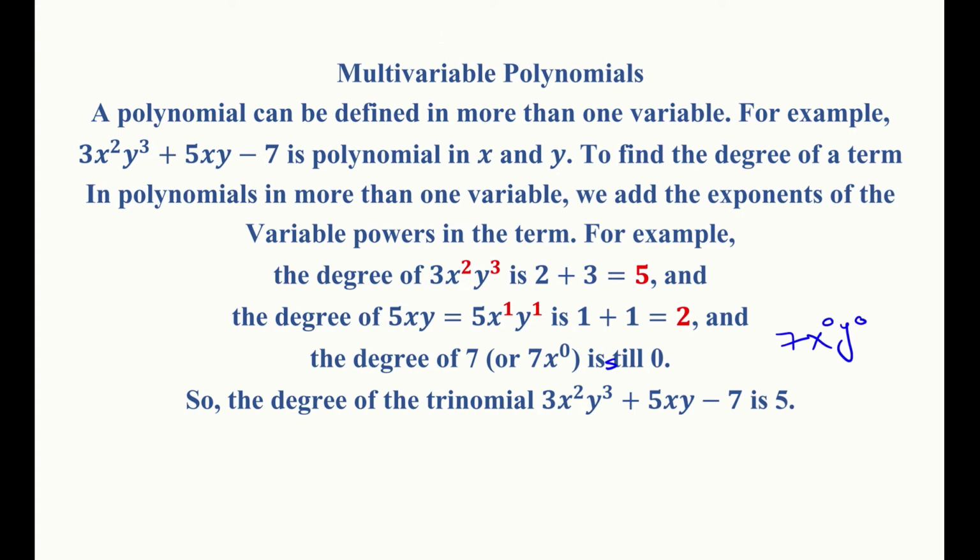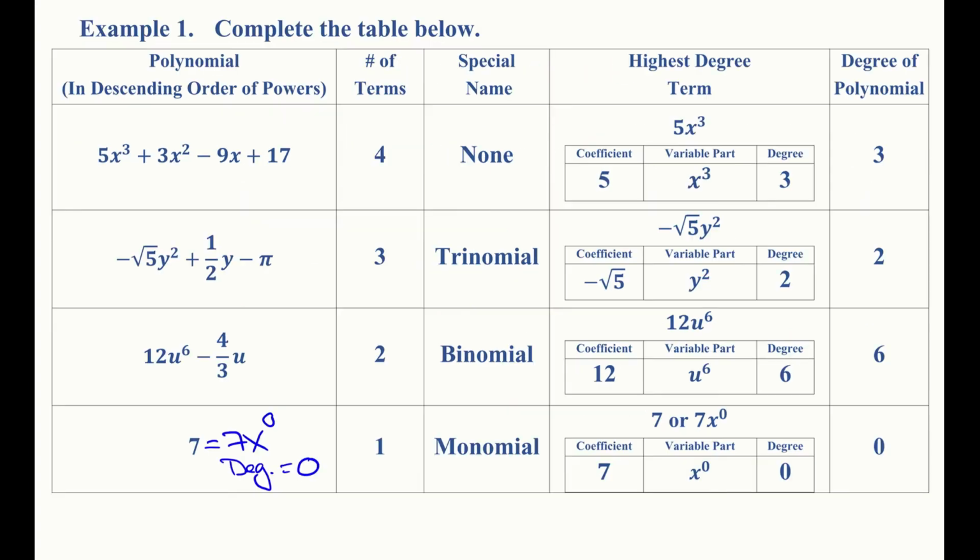Let's quickly go back to the previous screen. Notice something in these examples we had, which were all in one variable. Notice they're all written from the highest degree term going down to the lowest degree term. When this happens, we say this is a polynomial written in descending order of powers, because descending meaning going down, right?